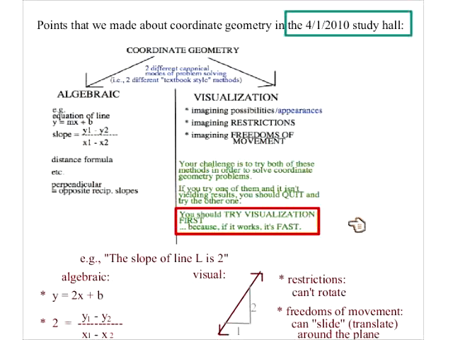On the other hand, if a visual approach does not work, you will know that in like 5 seconds. If you don't know what something looks like, you're going to realize that really quickly. So if you're unsure which to try first, it's always better to go with visualization first because it's very fast.